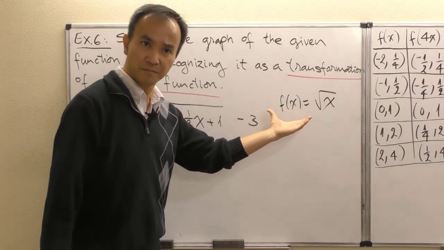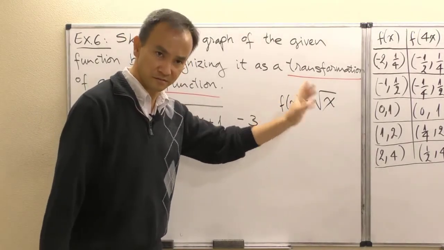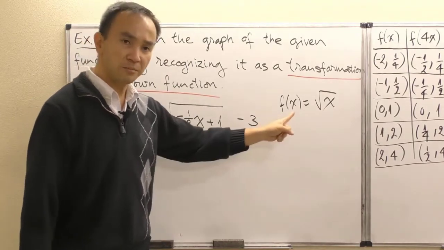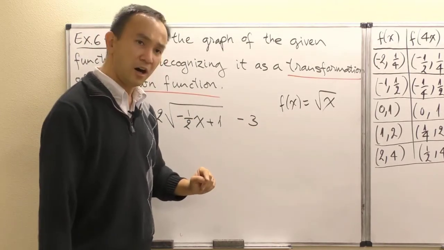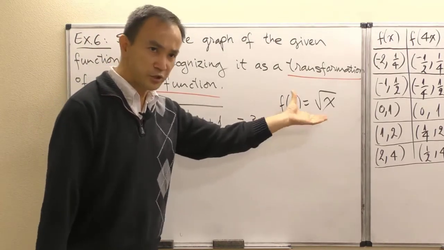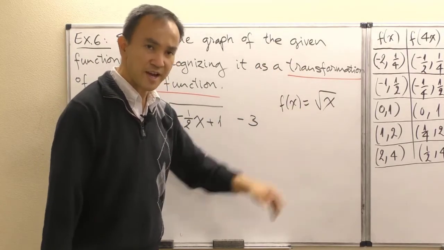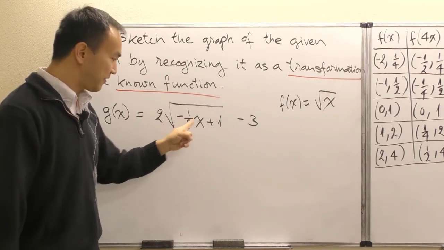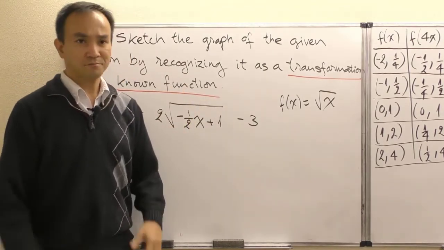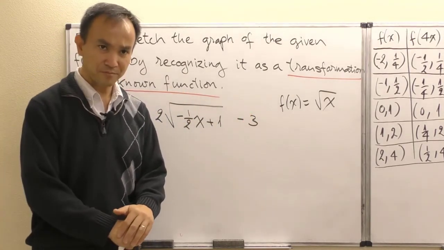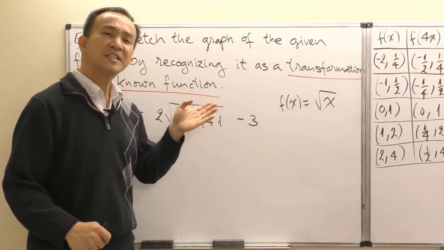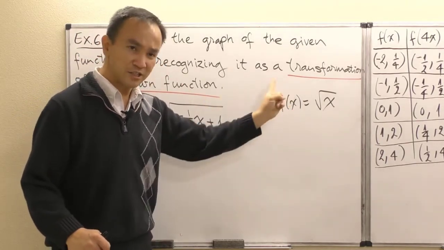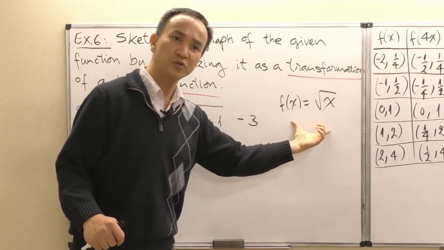We knew this function from the list of our toolkit functions. This function was one among our toolkit functions. But see, this is just too simple. This is just square root of x, whereas here it's square root of minus half x plus 1. Of course, they're not the same. But we can already see some similarity. That's all that has driven me into choosing this as a known function.